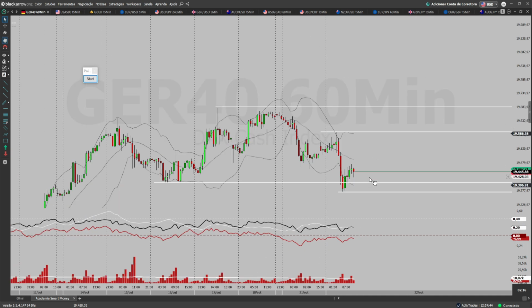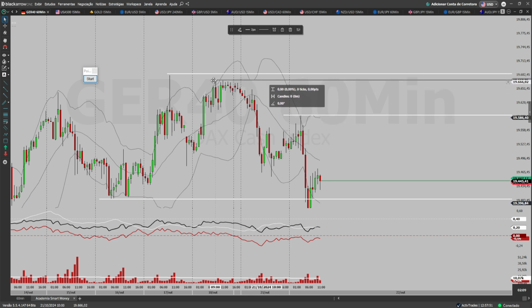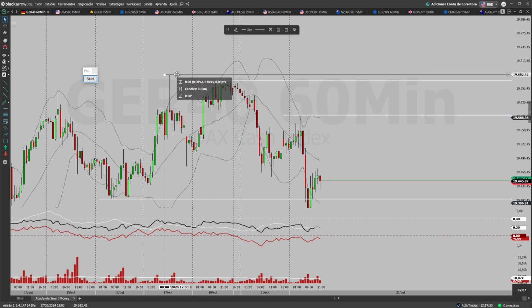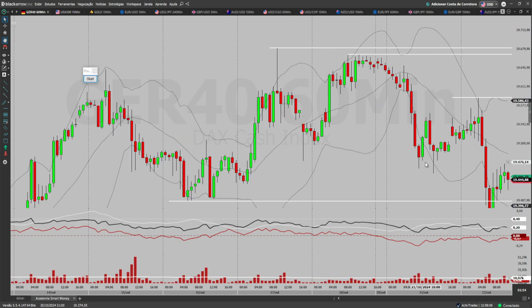We are going to mark the 60 minutes region too, because it is very important. We have one more top, which had gone unnoticed, at the same level as the other. This is called EQH, equal highs, in the SMC analysis, that is, level tops. We have another top back there, but we are not going to mark it.